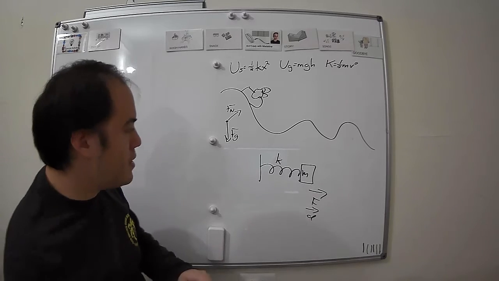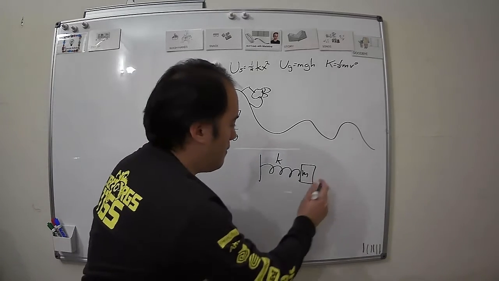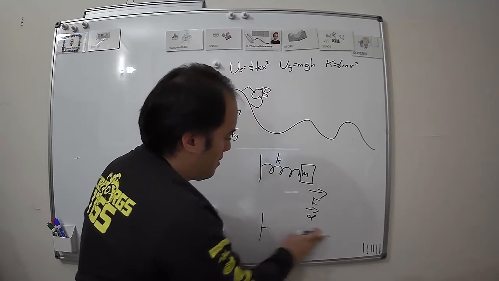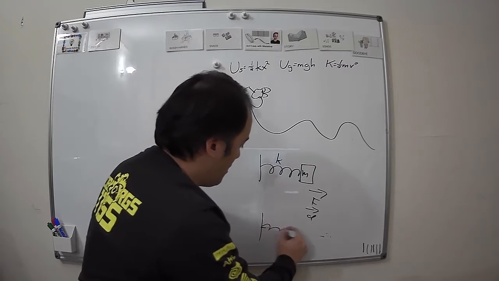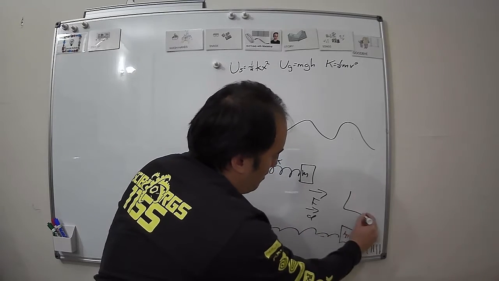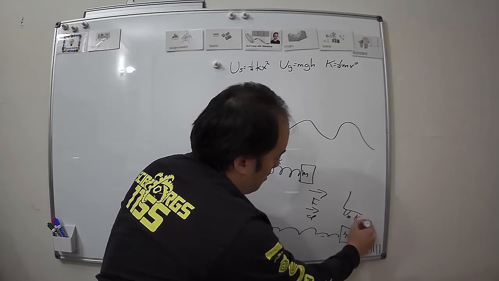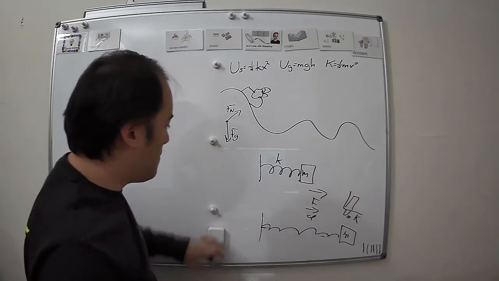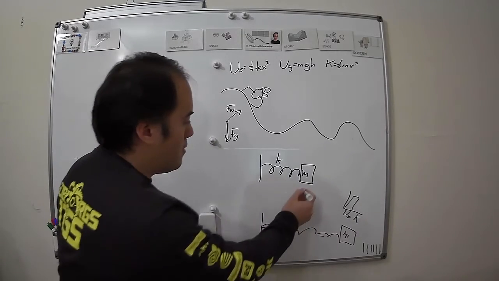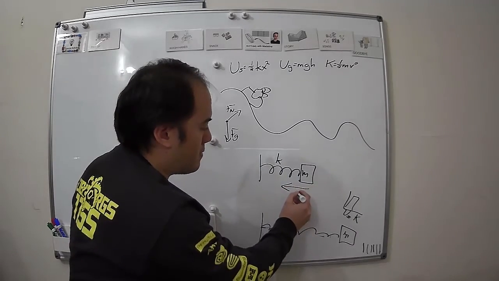If I stretch the spring, I'll have lots of Us, no K. If I let the spring go, the mass will shoot backwards.